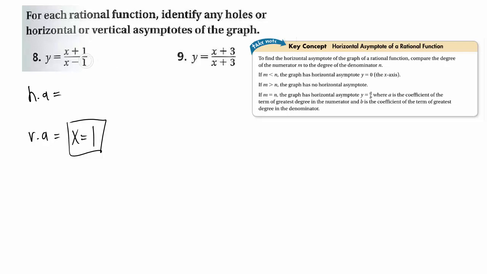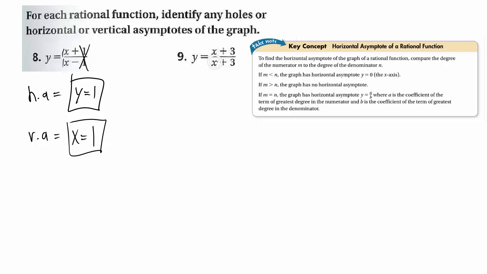But if they're equal, and that's the situation we have for numbers 7 and 8, you take the coefficients a and b here, and you divide those. Now the coefficients here are hidden, but they're both 1s. So your horizontal asymptote is y equals 1. Don't just write 1, it's y equals 1. But the horizontal asymptote has nothing to do with these numbers right there. It's not 1 because of this, it's 1 because 1 divided by 1.